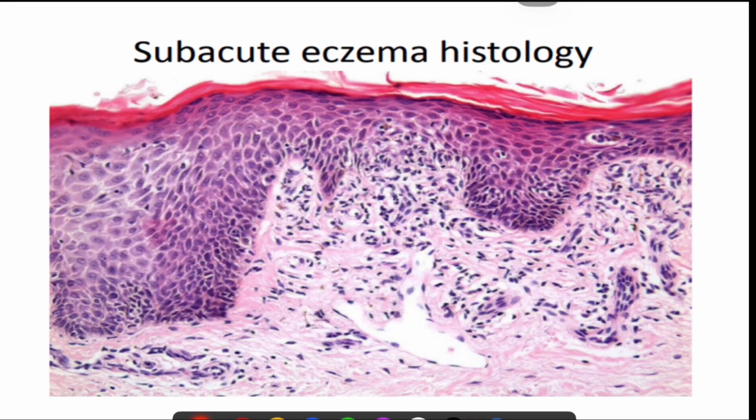In subacute, there is an increased amount of parakeratosis, hyperkeratosis, as well as an increased amount of inflammatory infiltrate, and you can identify even exocytosis of inflammatory cells in the epidermis and spongiosis, dilated dermal vessels.